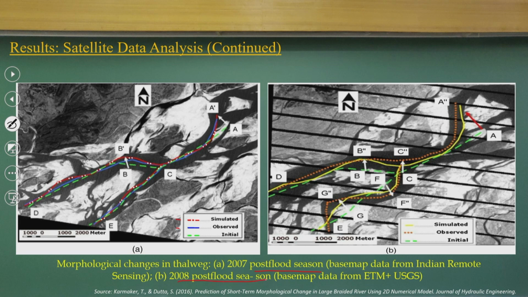How the bed maps with satellite data, we compared whatever we predicted, to see how accurate they are.